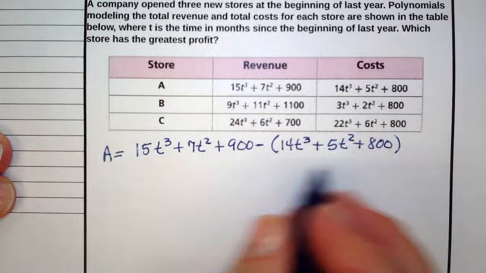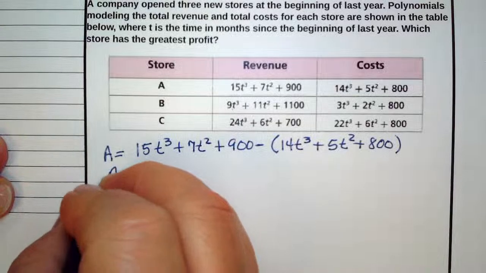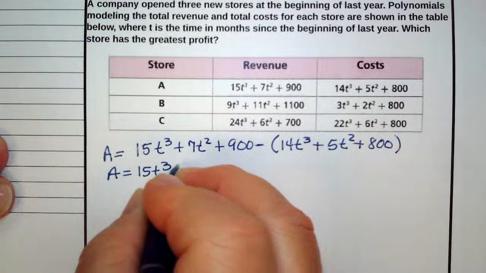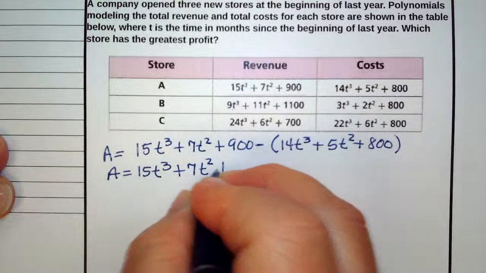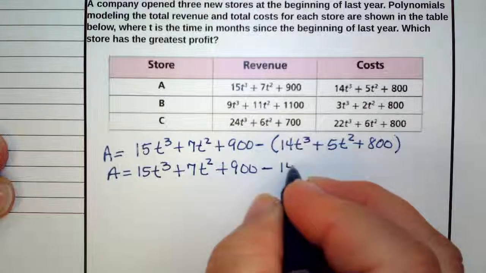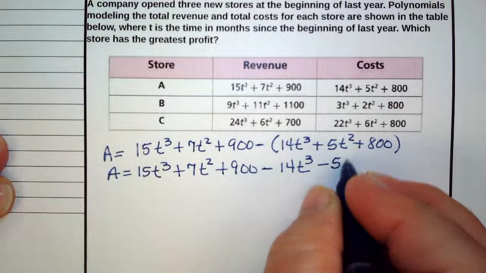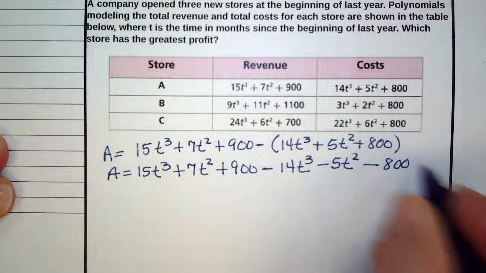Change everything to its opposite. Multiply by -1. So store A is equal to 15t to the third plus 7t squared plus 900 minus 14t to the third minus 5t squared minus 800.